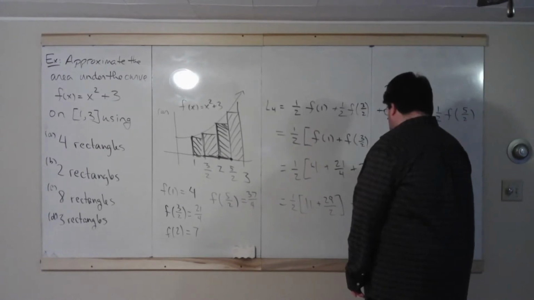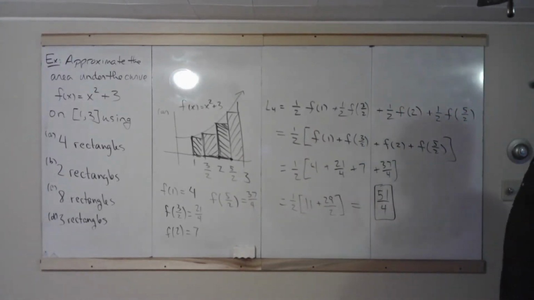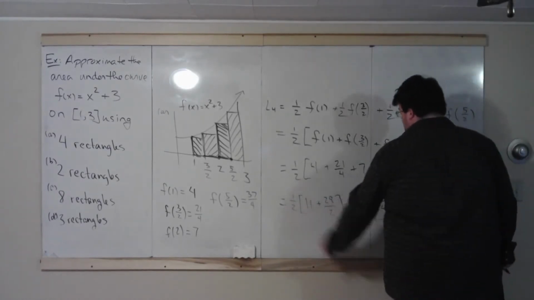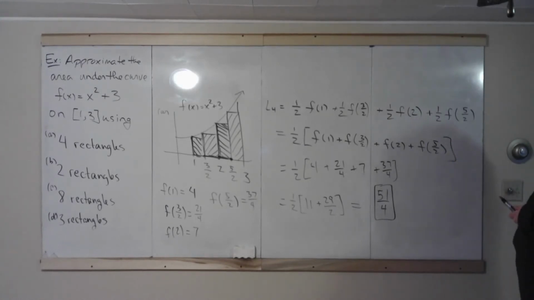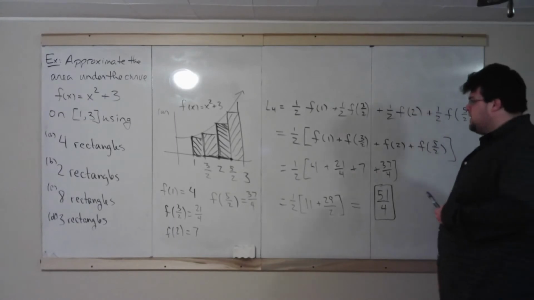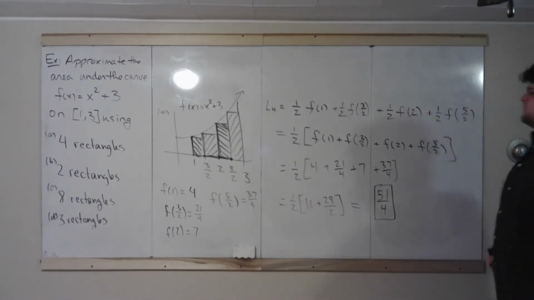So that's 51/2. 51 halves times that other half is 51 fourths. What is that? That's 12 3/4. So yeah, 44 thirds does sound right as the exact area, which we'll see later. But this is an under approximation.